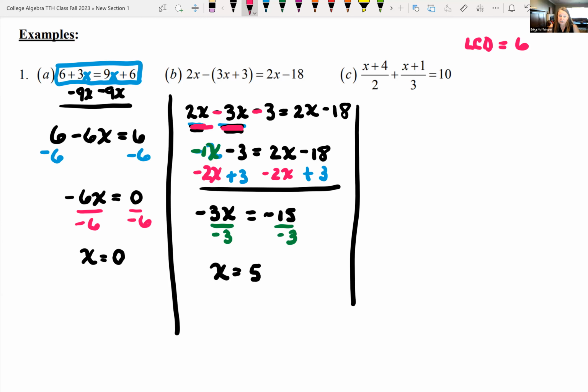So remember, if we do something to one side of the equal sign, we're doing it also to the other side. So we're going to multiply the right-hand side of this equation, this x plus 4 all over 2 plus, so technically I have parentheses or brackets here, plus x plus 1 all over 3.